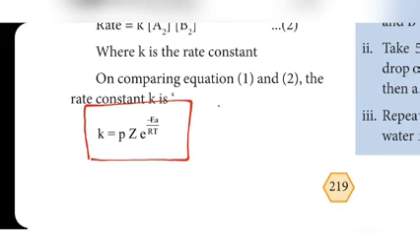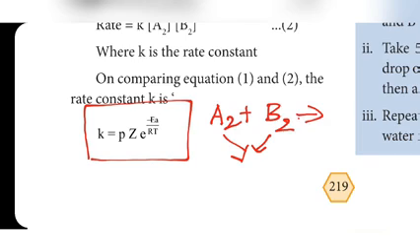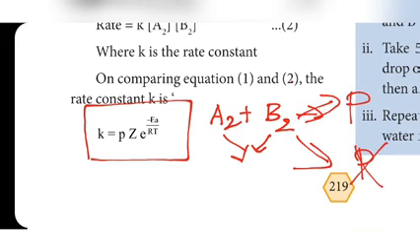With this equation, collision theory is over. What are the points we learned in collision theory? Collision takes place between reactant molecules A2 and B2, but not all collisions will convert into product. Some collisions will convert into product, some will not, because the molecules must possess minimum energy.